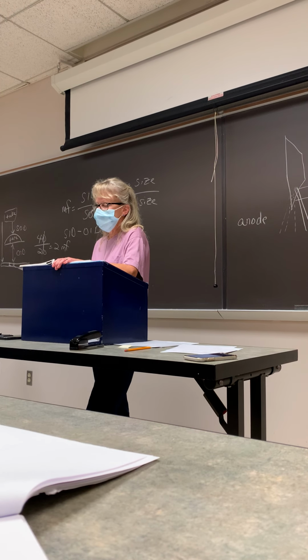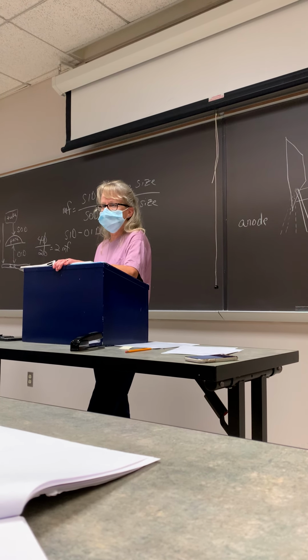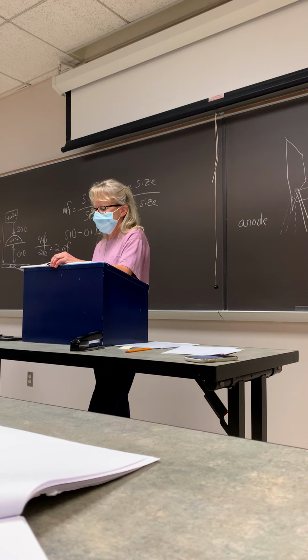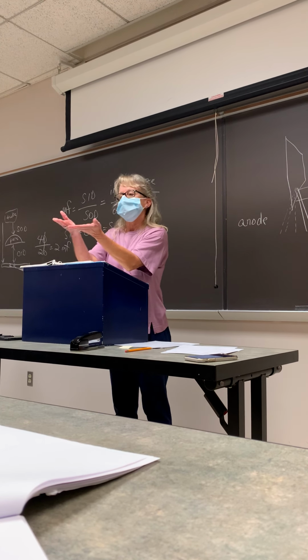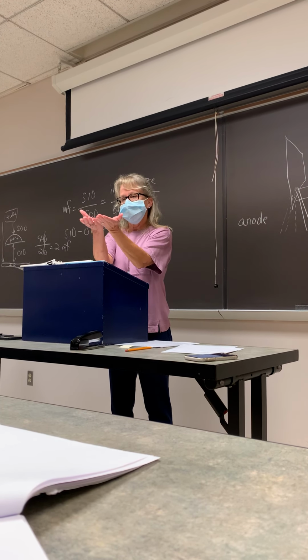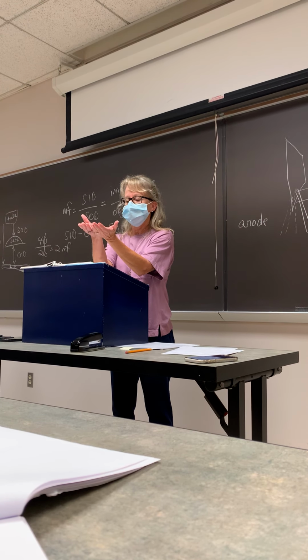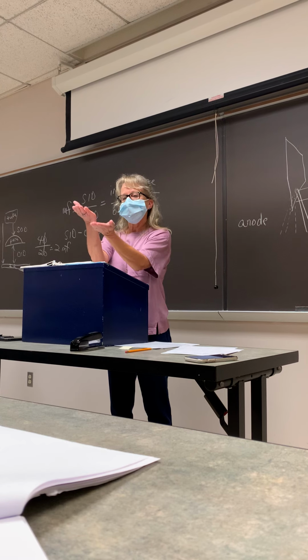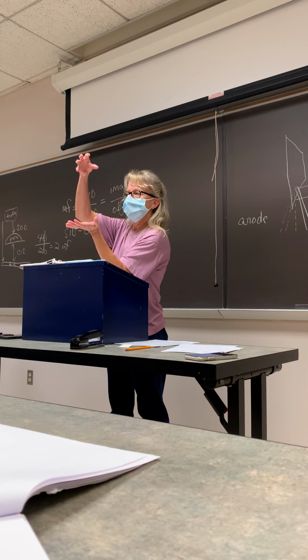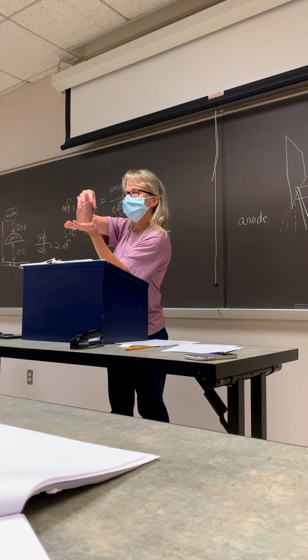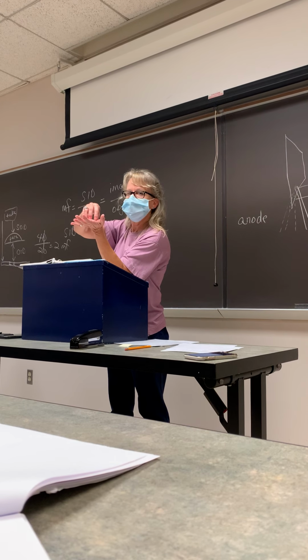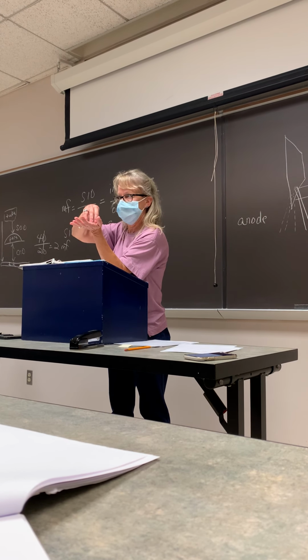Okay, last thing, AECs, automatic exposure controls. These are the units that have some kind of chamber. There's 2 different kinds, and I think I go over it in the spring. There's 2 different kinds of chambers that are underneath the table, and when x-rays go through the patient and hit the chamber, they terminate the exposure.